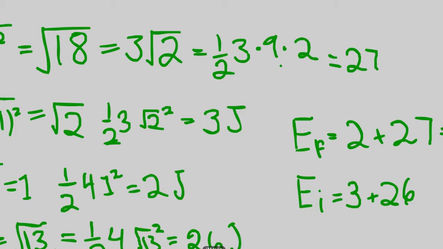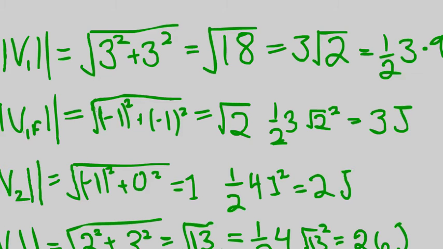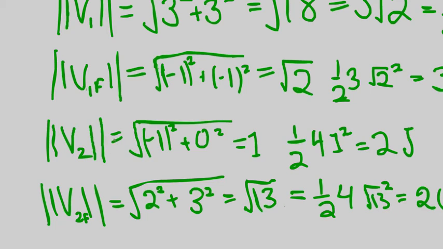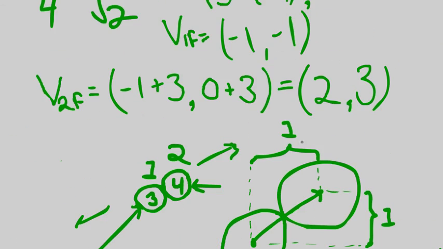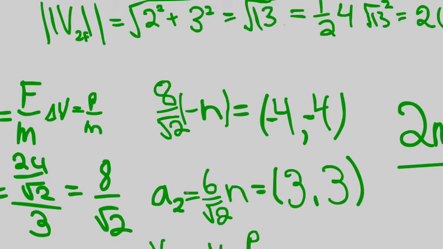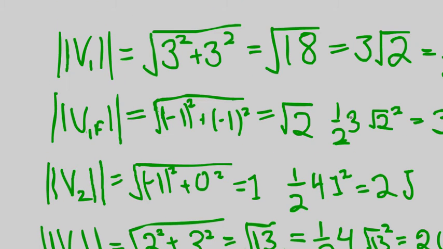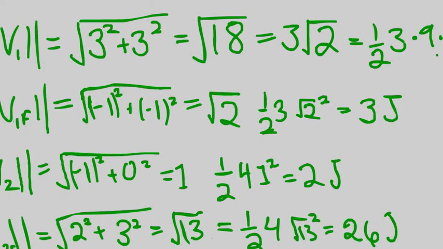The energy of the second ball initially is, using the Pythagorean theorem, 2 joules. So this ball here had 2 joules to begin with, and the other one had 27.